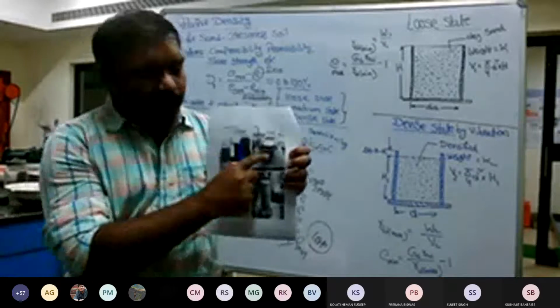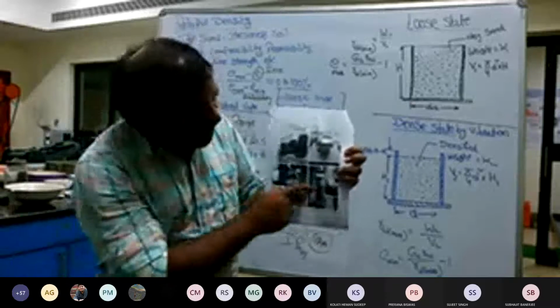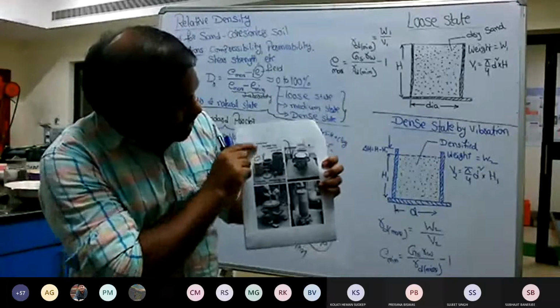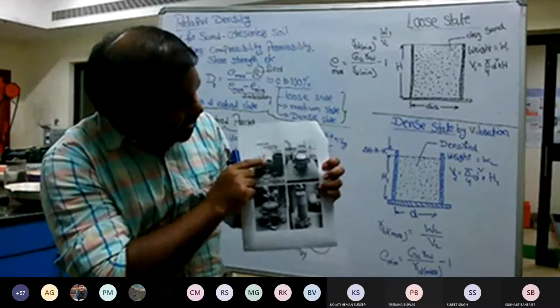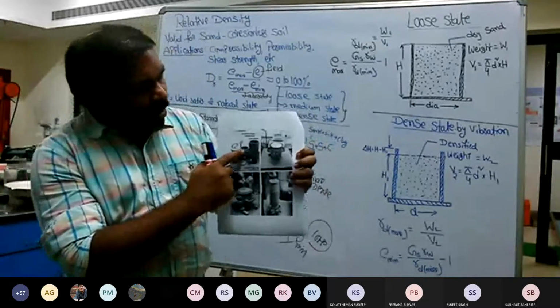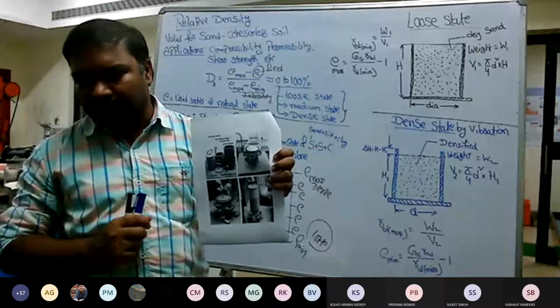So therefore I need to put some surcharge weight. So here you can see, different setups are available. There is a surcharge weight, there is a dial gauge, there is a standard mold, and there is a guiding sleeve. So in the mold I have filled the sand material in the loosest possible state.